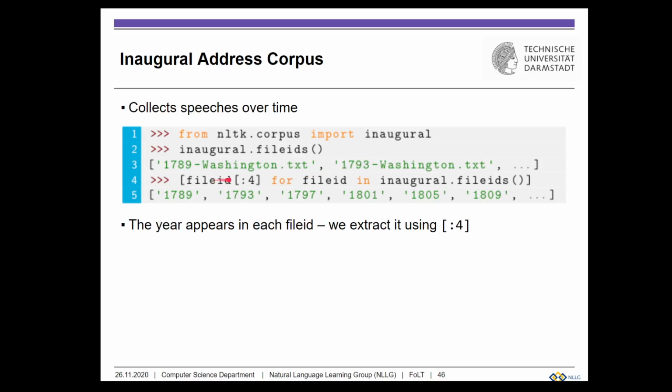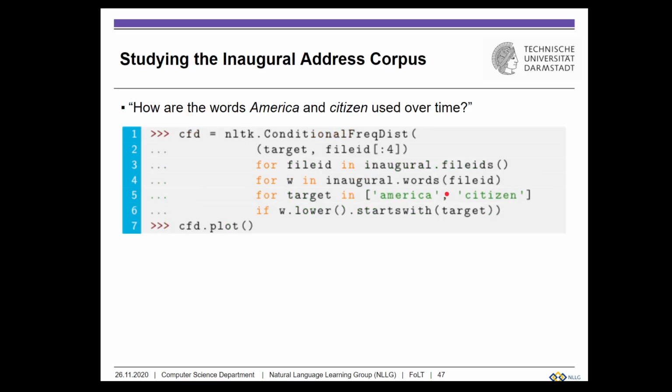And how do we get the years? We get the years by taking the first 4 characters. Now, what we're interested in is how the usage of the words America and citizen has changed over the presidential speeches, from 1789 to the present, more or less. So we feed in our pairs of a target, where the target is the words, and the years.